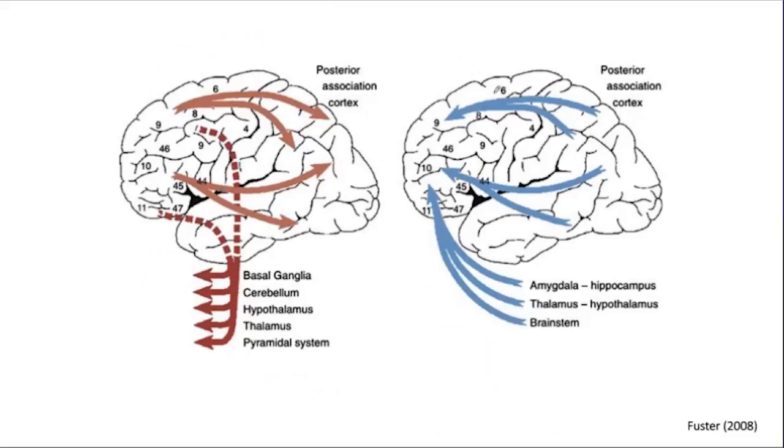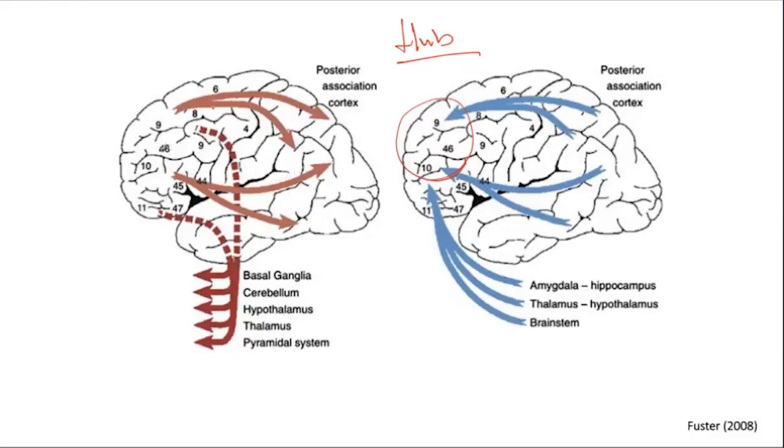We know that the prefrontal cortex acts as a hub in terms of receiving information from almost all around the brain. So we have a great representation of different parts of the brain in the prefrontal cortex. And also we have feedback from the prefrontal cortex to almost every single part of the human brain. So these parts are highly connected and highly interacting with each other.